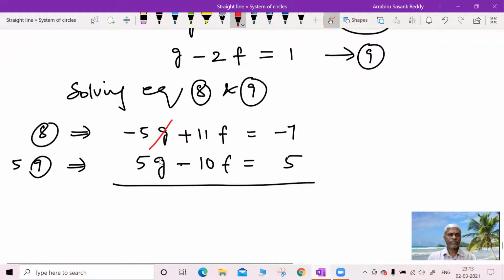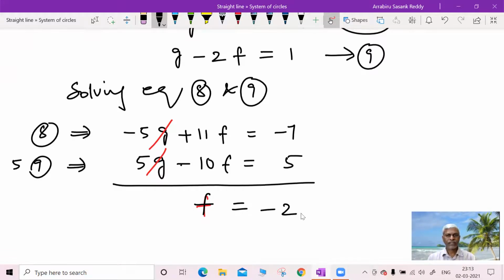So adding, minus 5G plus 5G will get cancelled. Plus 11 minus 10, F. So F value is minus 2.